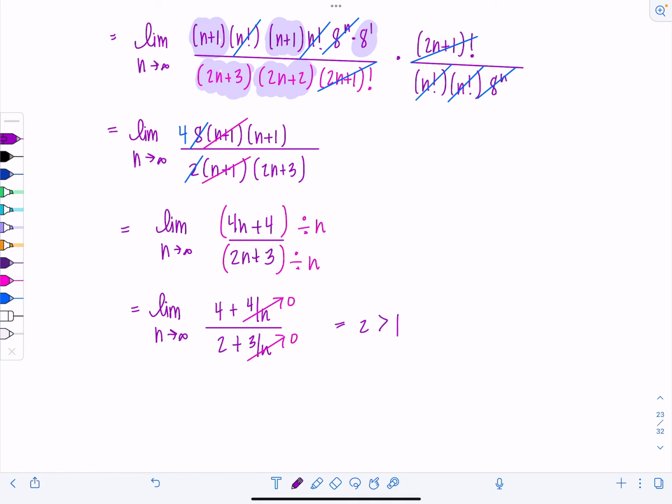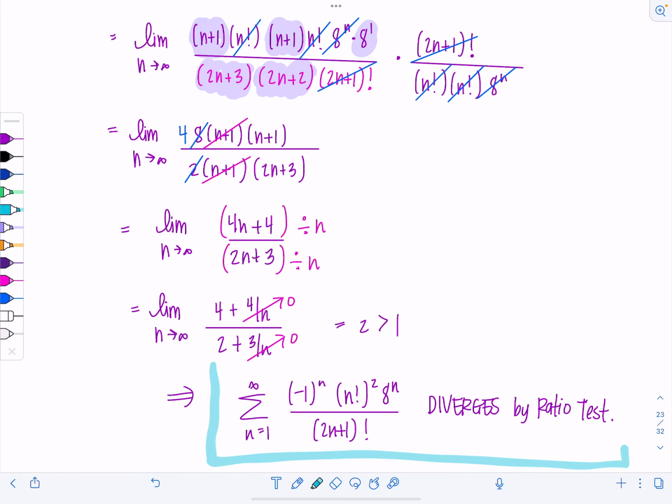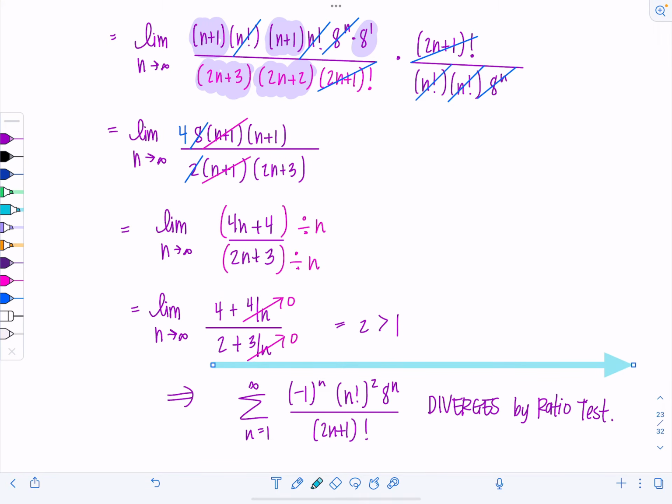It's bigger than 1, which tells me my original series, the sum from n equals 1 to infinity of (-1)^n times (n factorial) squared times 8^n over (2n+1) factorial, diverges by the ratio test. And you don't do AST. No, no, no. If you've used the ratio test, there's no chance for conditional convergence. If it does not converge absolutely, it diverges. Whoops.